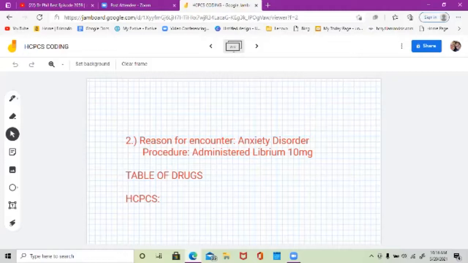So let's take a look at Librium. That first column says up to 100 milligrams. It could be IM or IV, intramuscular or intravenous. J1990. Now, do you see? We just need 10 milligrams.